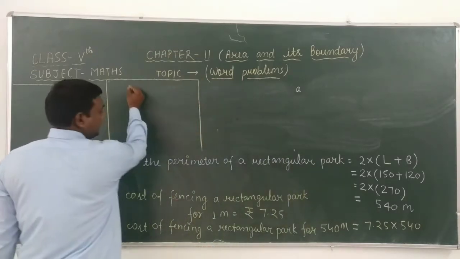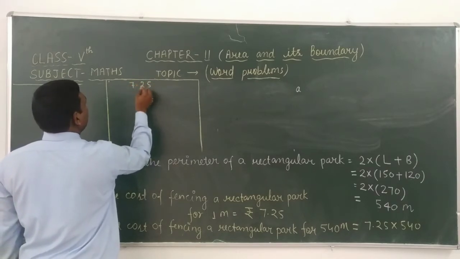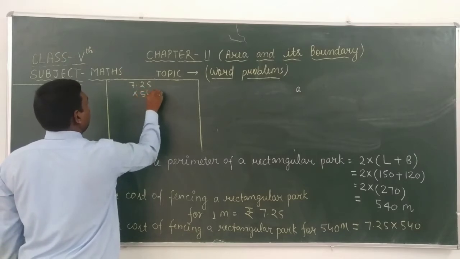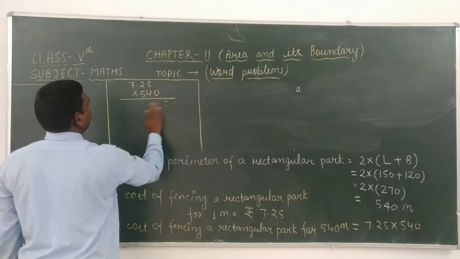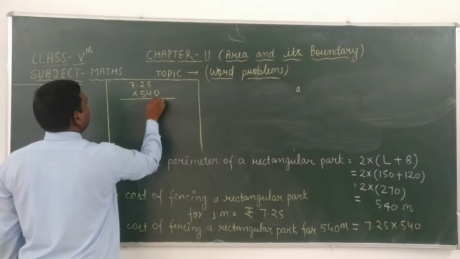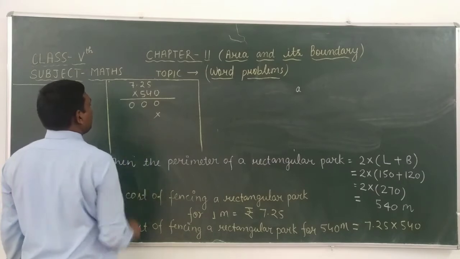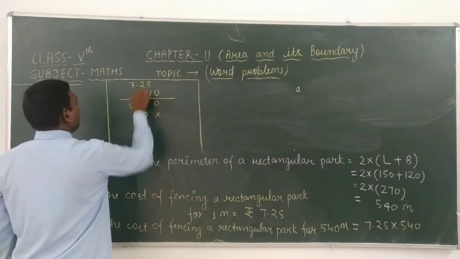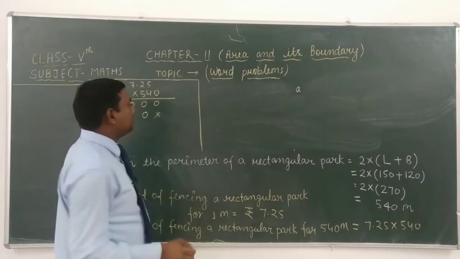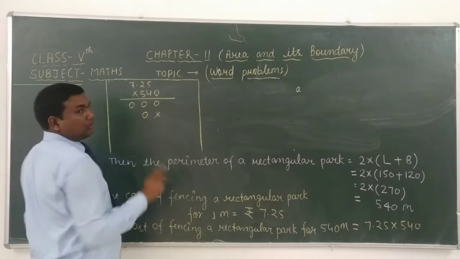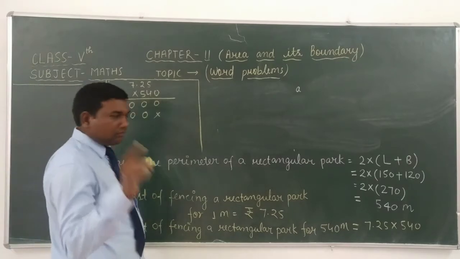Now let's start. 7.25 into 540. 0 fives are 0, 0 twos are 0, 0 sevens are 0. Then 4 fives are 20, write 0 and carry 2. 4 twos are 8 plus 2 is 10, write 0, carry 1.